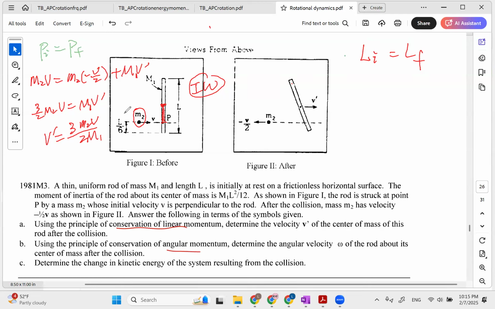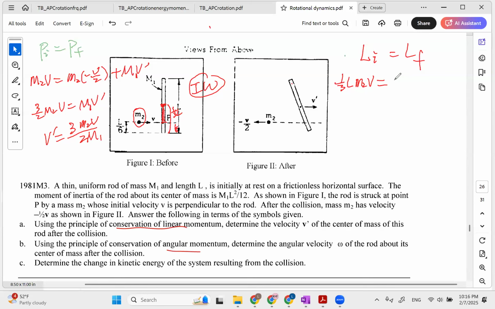So you use R P sine theta, right? What's R in this case? R right now should be half L minus L over 6. So you get 1 over 3 L.